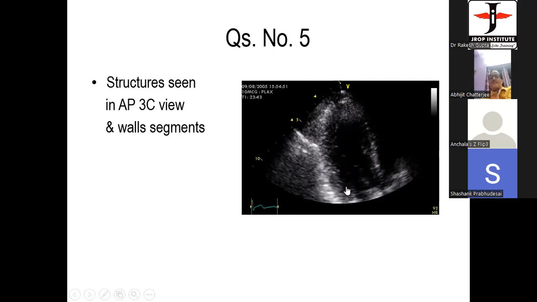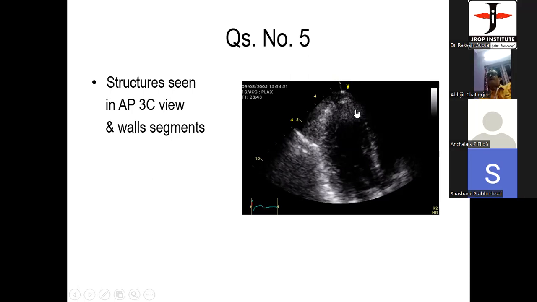So you can see the interventricular septum. What segments of the interventricular septum can you see in this view? The basal anterior, then mid anterior, and apical. Is it anterior or anterior septum? Anterior septum.